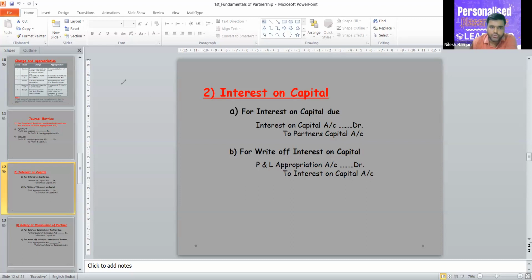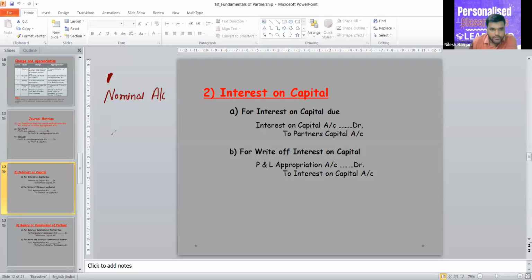There are two rules. You can apply either of these two. As per the nominal account, interest on capital account is debited.